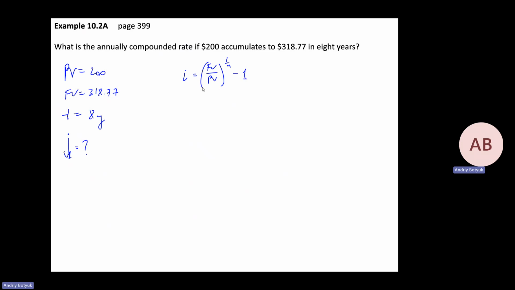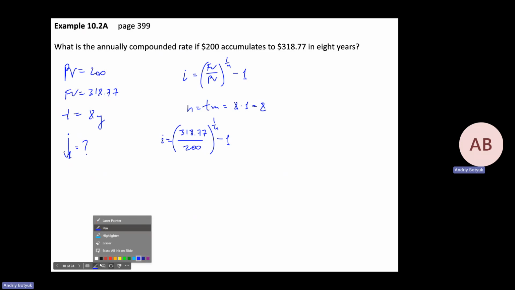So let's analyze what I have, what I don't have. Future and present value I have, I don't have n, right? So n is Tm, 8 times 1 is 8. So my formula will turn to this: 318.77 over 200, exponent 1 over n, minus 1.